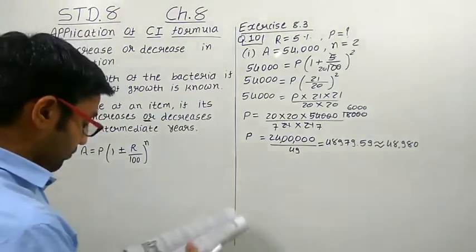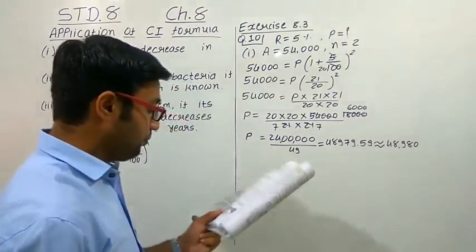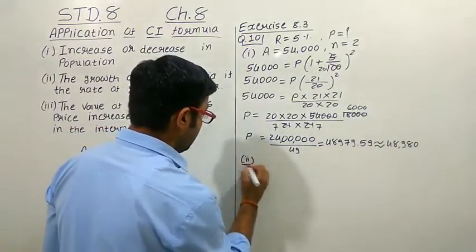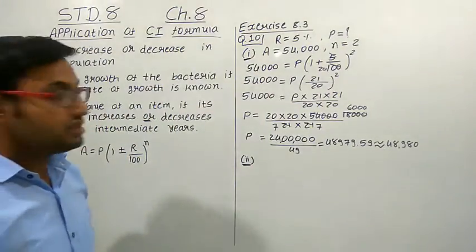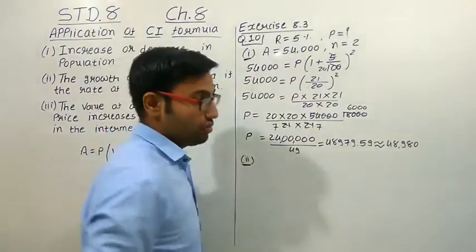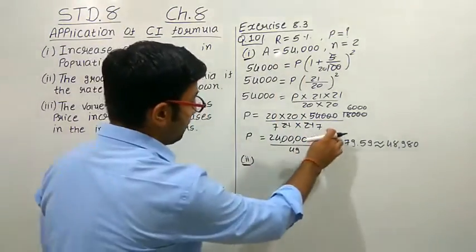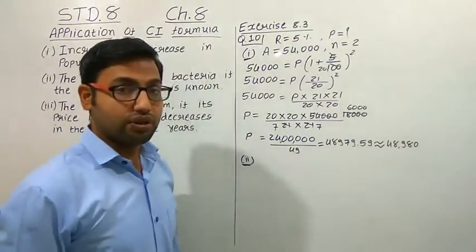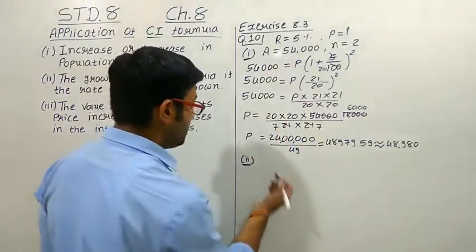The second part that we have to find is what would be its population in 2005. So here we have to find out the population in 2005. See, the population in 2003 is 54,000. Now we have to find out the population after 2 years. Now you can think about it, this will be our principal amount.